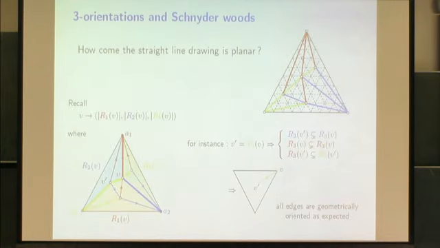Let me try to convince you that when I do that, I get a planar drawing. The way I can try to do that is by comparing the coordinates that the vertex gets to the coordinates of its father in one of the trees.